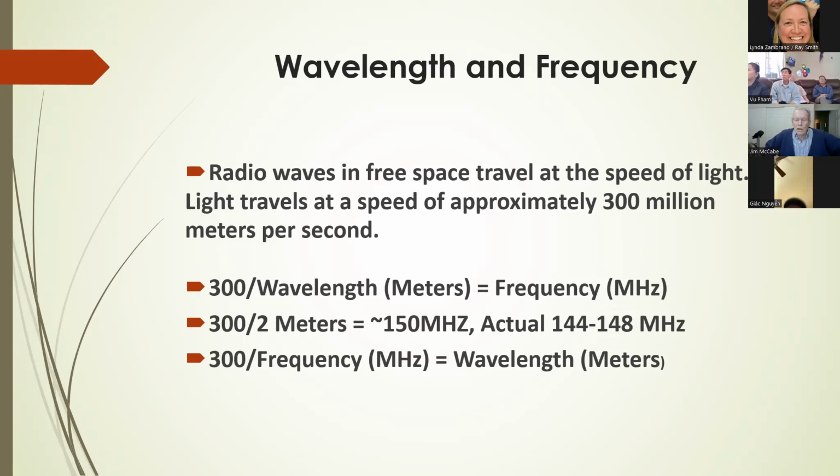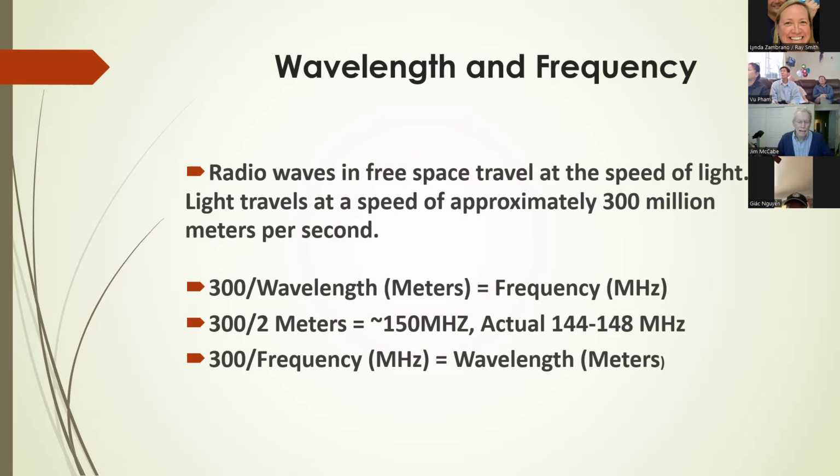Radio waves are like light. They travel at the speed of light in free space, approximately 300 million meters per second. You probably learned the English version of that in high school physics, 186,000 miles per second.